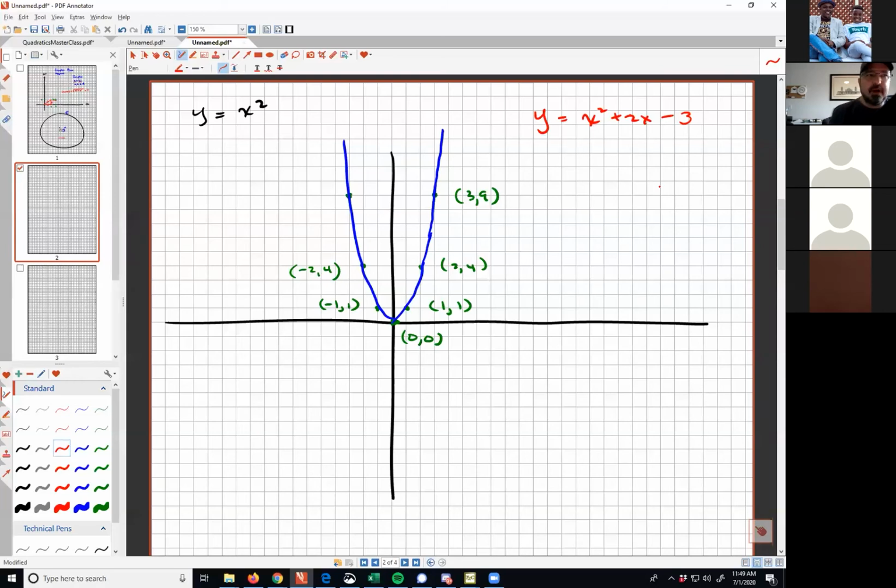How do we complete the square? In the case of this number, you would look at the -3 and look at factors of -3 and see which factors, when you add them together, give you a sum of 2. Plus 3 and minus 1.